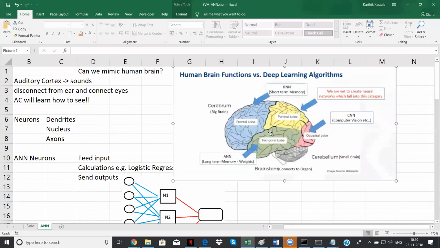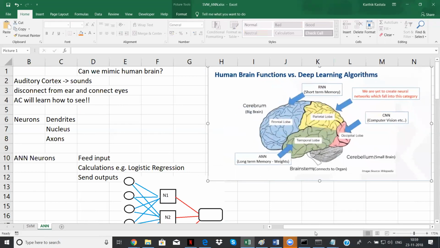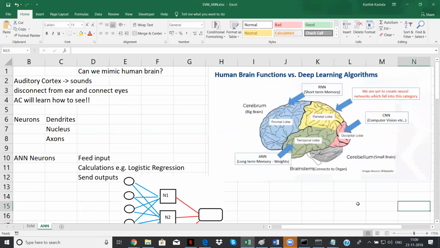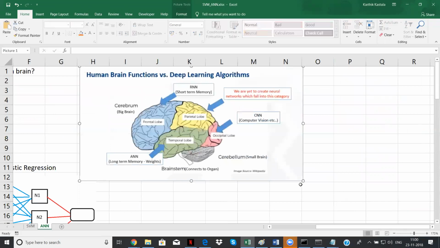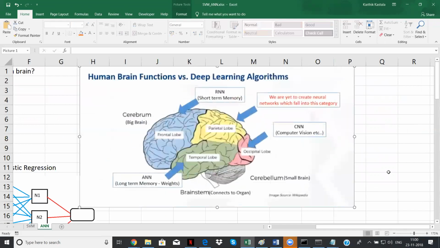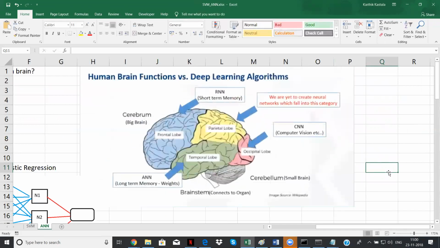If you please look at this. Our brain consists of two major parts, cerebrum and cerebellum, like what you call a small brain, big brain, and so on. One part of which is responsible for actions, the other part is responsible for memory, and so on. Now, if you look at the different divisions of our brain, I have this optical lobe, which is responsible for your vision.